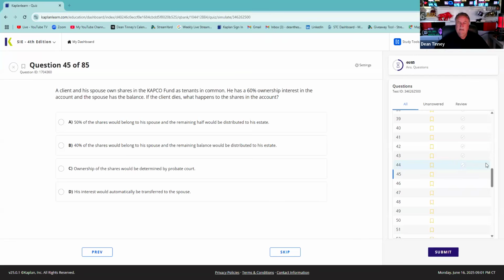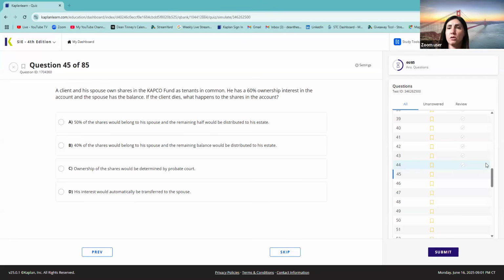So here, the client dies. What happens to the shares they've got? He has 60 and the spouse has the balance. The client is not the spouse. So that's the 60%.